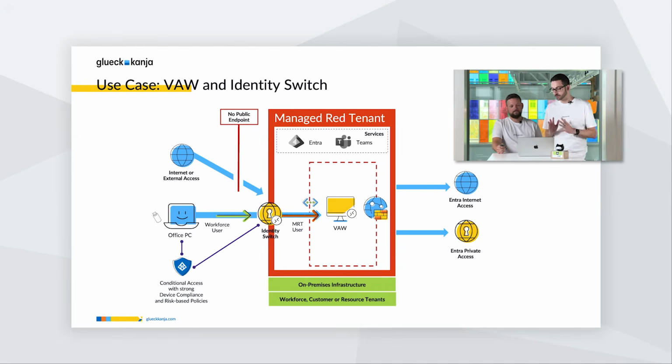Yeah, and it's really important that we underline one smart short word here, and that is identity switch. The real magic that works behind the scenes is that we not only have a secure way to access the VAW, we also have the identity switch, which means, as you already mentioned, we get the signals from the regular user, from the Office PC, and after the authentication, after everything is in a good position, so the user has strong authentication and there's no risk from the user or from the client, the accessing device, we switch to the managed Red Tenant user.